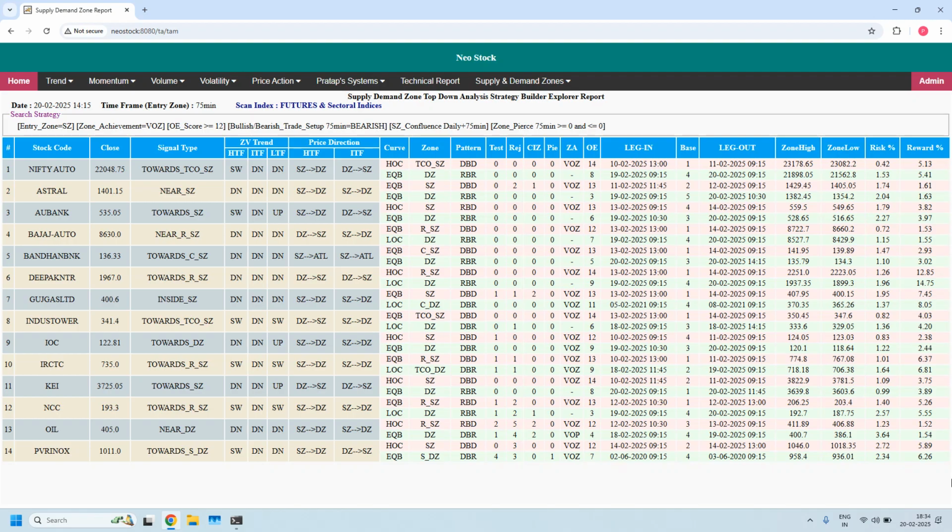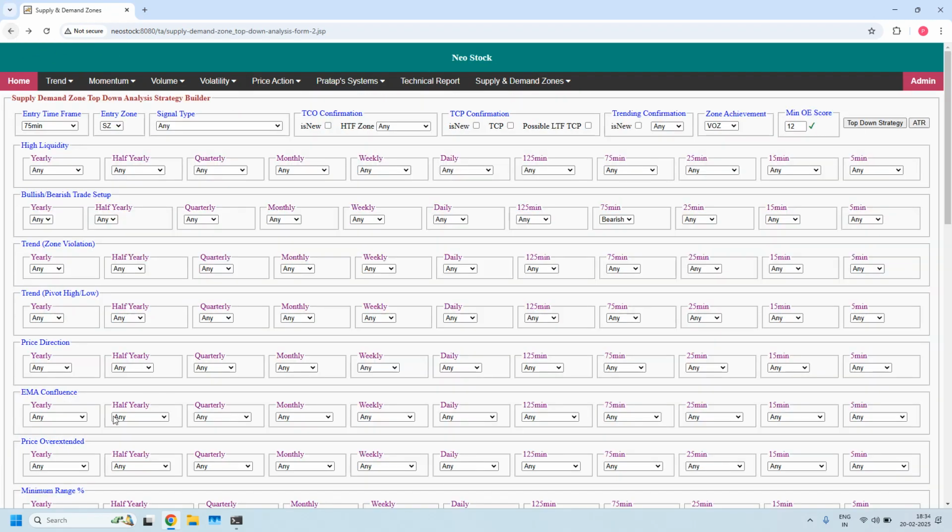That means in all these 14 stocks, these 75-minute supply zones are overlapped with daily supply zone. That means they are part of daily supply zone. And daily trend is down in all these stocks. That is ITF trend. So that's why if daily supply zone having daily EMA confluence, then these 75-minute supply zones are even more high probability trade setup supported zones. Let's verify. Out of these 14, how many of these daily supply zones having daily EMA confluence?